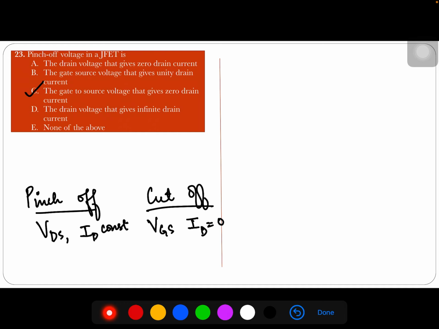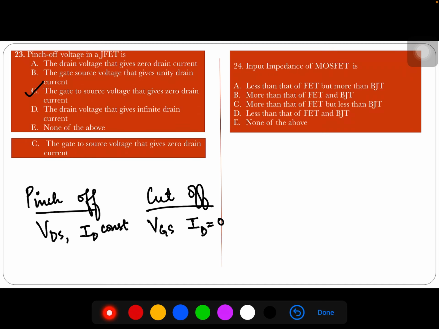But as I saw in the answers that have been provided, the option that was given was C. So I assumed that they have taken pinch off and cutoff to be the same. So you can tick none of the above also, and you can tick the C option also.